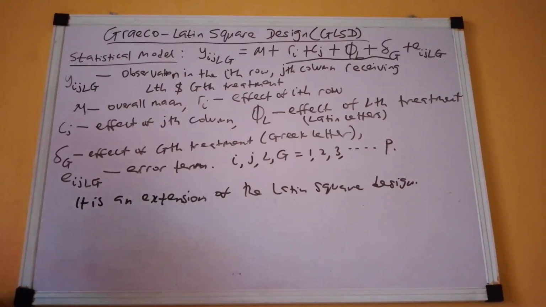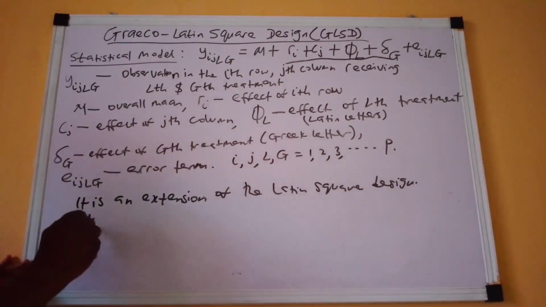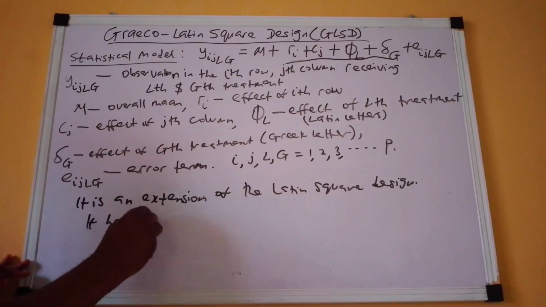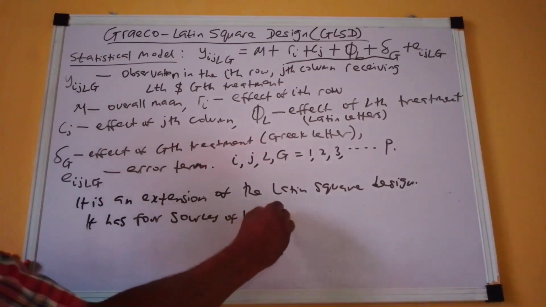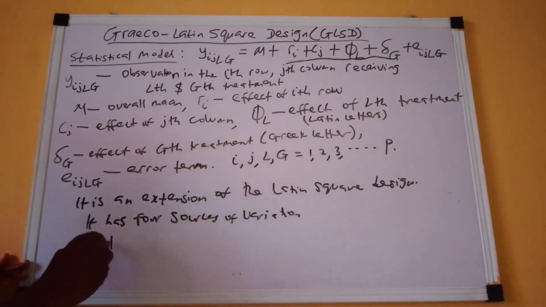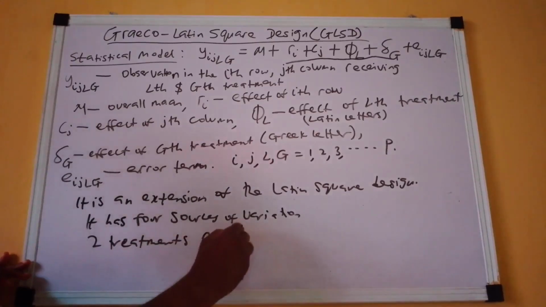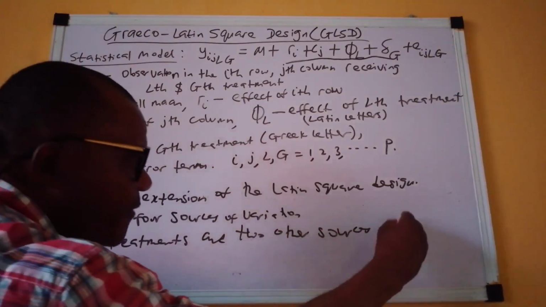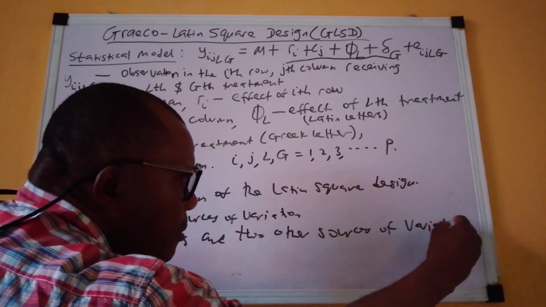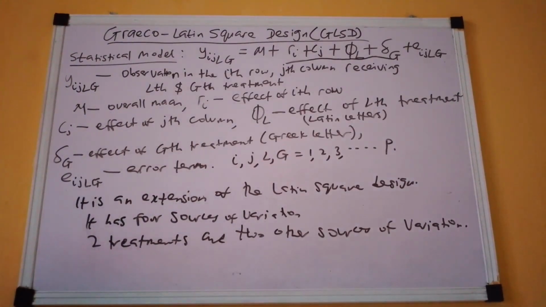So now the Greco-Latin square design has 4 sources of variation. We have 2 treatments and 2 other sources of variation. That is what it has.